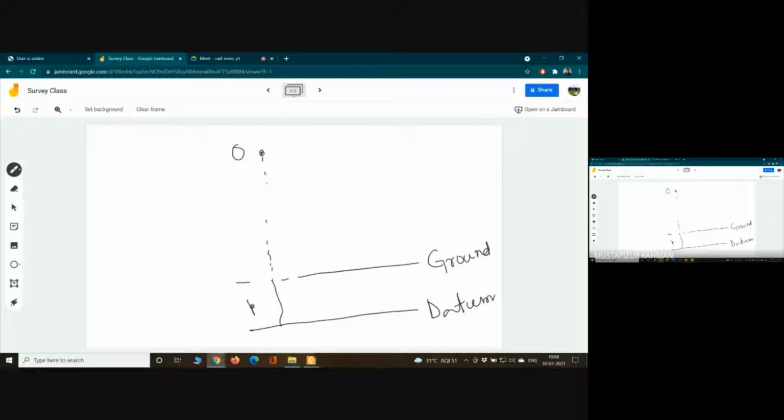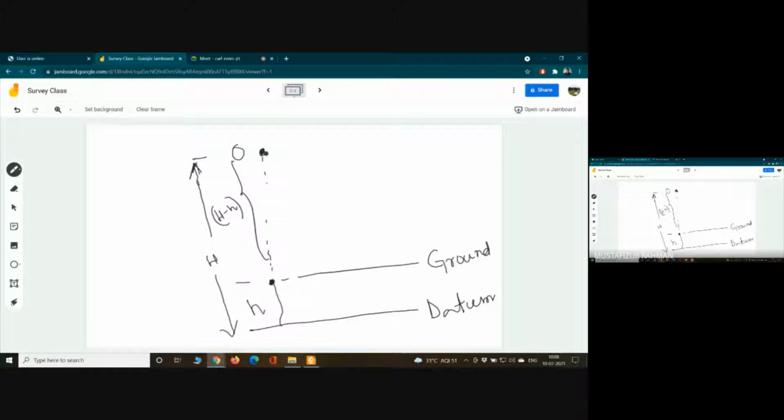This is small h. What is this? This is the RL of the ground point. And this total is capital H. What is this? This is the RL of the exposure point, or the camera from where we are taking the pictures. So this much will be capital H minus small h, right?